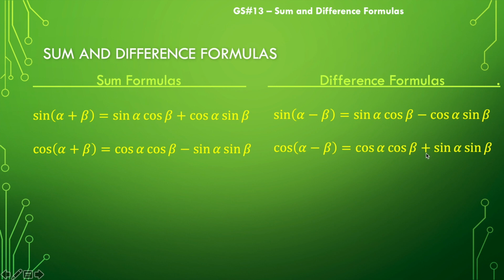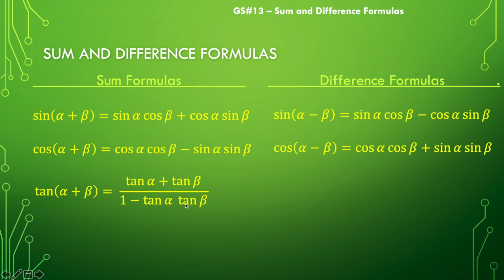Now the last one is the least friendly. The tangent of the sum of two angle measures is equal to the sum of the tangents, tangent of the first angle plus tangent of the second, over 1 minus the product, tangent of the first times tangent of the second.